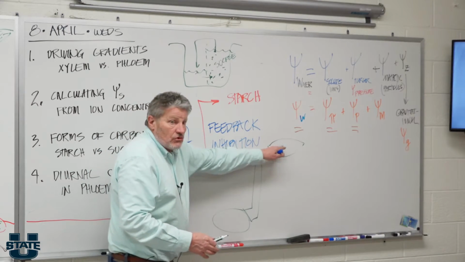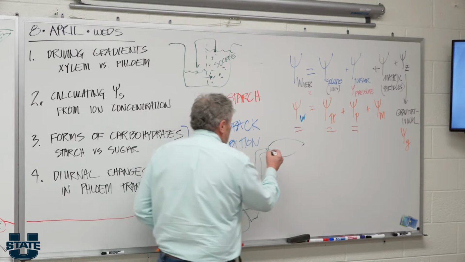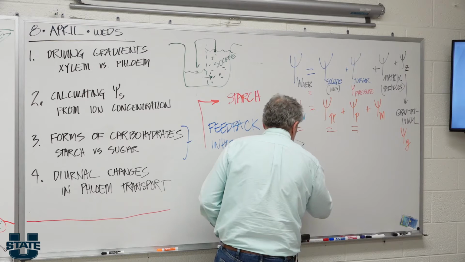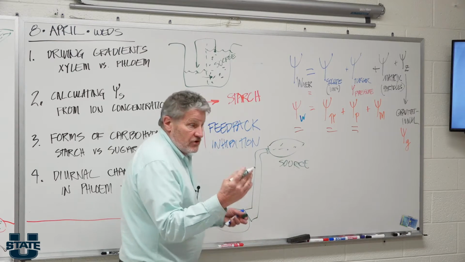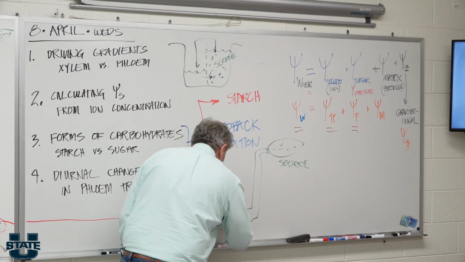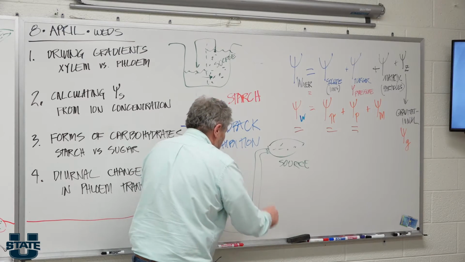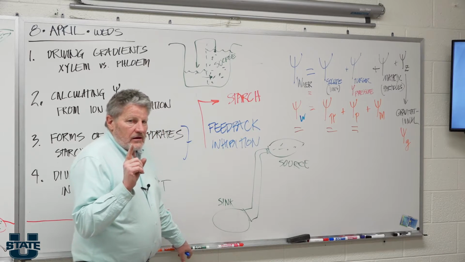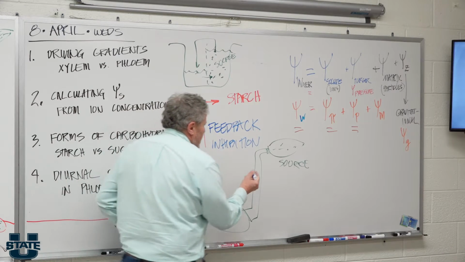This is called the source, and this is called the sink. Draw a picture of a leaf. And the source is virtually always leaves, and this is called the sink, which is where it goes, and this is a nice diagram. A couple things have to happen.